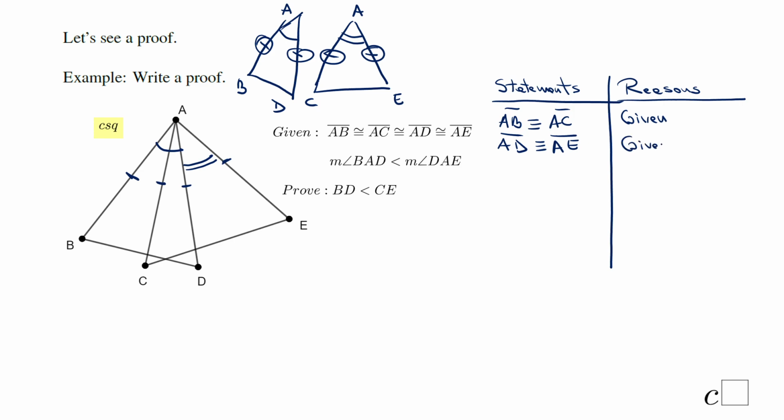So we have the side and side in the side angle side inequality theorem. And then the next thing given to us is the measure of angle BAD is less than the measure of angle DAE. Again, this is given to us.